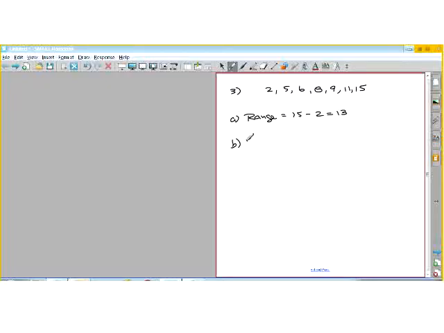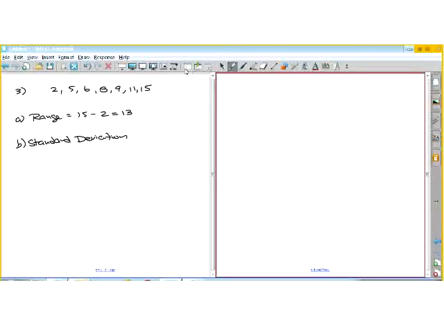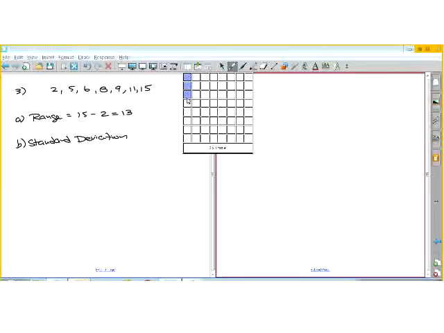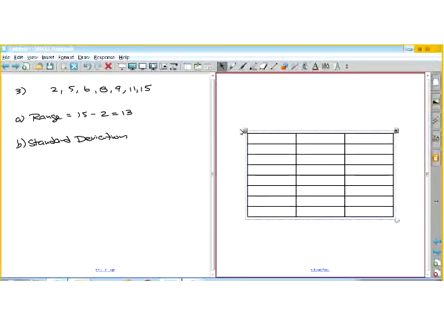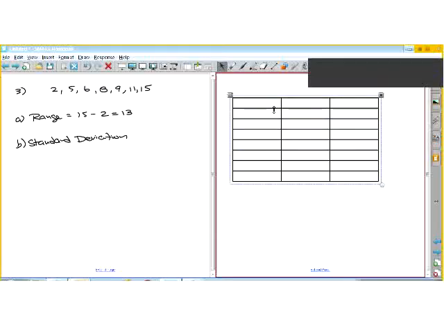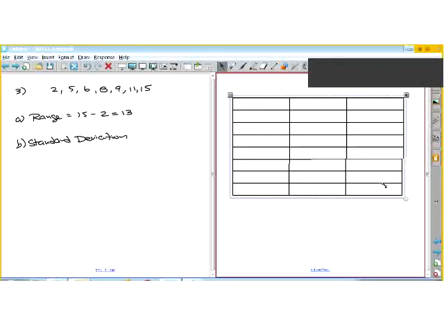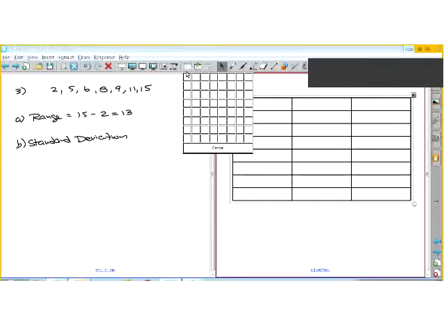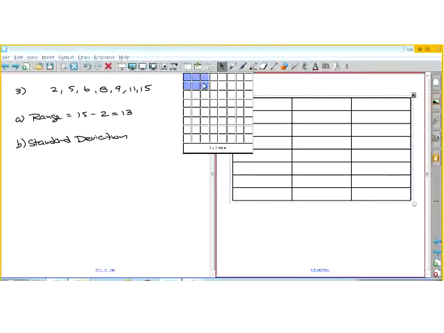So that's one measure of dispersion. The second measure of dispersion is the standard deviation. And we've done this a couple of times in class, but we'll get some more practice here. So remember, we create this table that's 3 columns, and it should be 2 more rows than the number of data points.